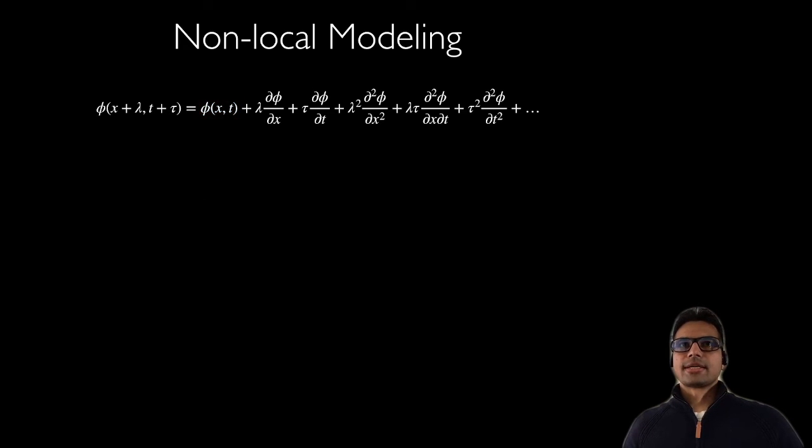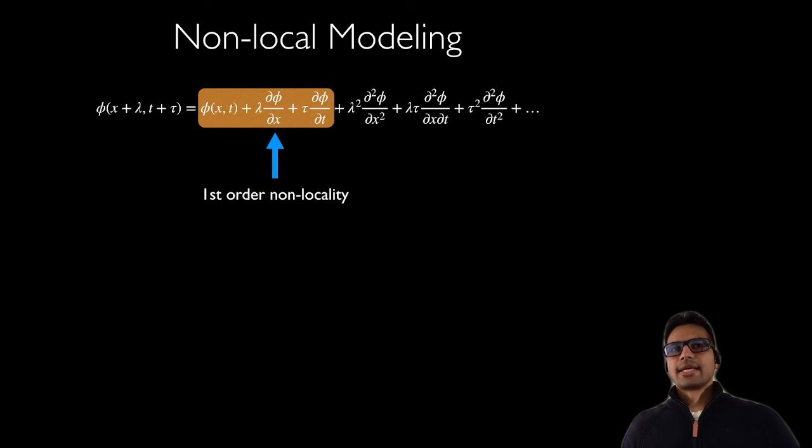And if we look at the first order derivatives also, then that corresponds to first order non-locality, and this is like the affine velocity field that I just showed you. And so you can take higher order derivatives and you can get more general models. So what does this buy you?